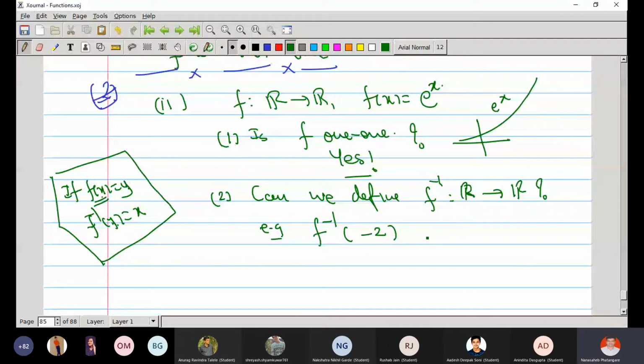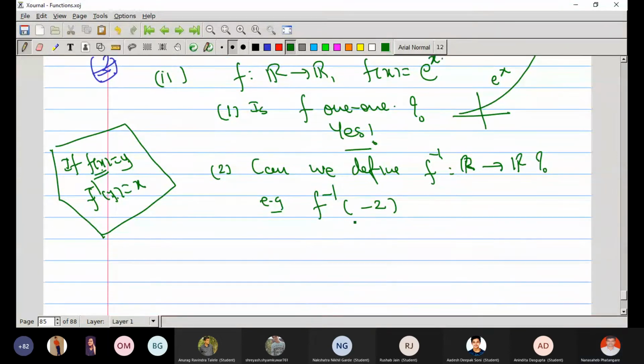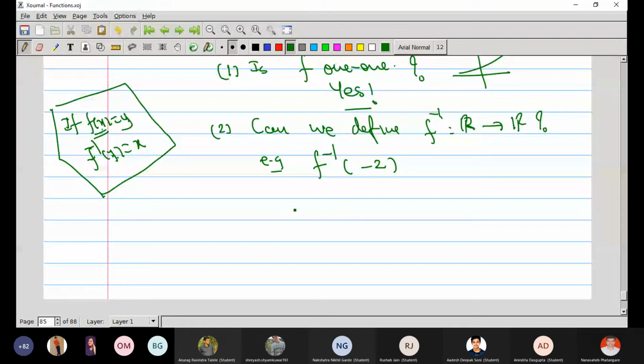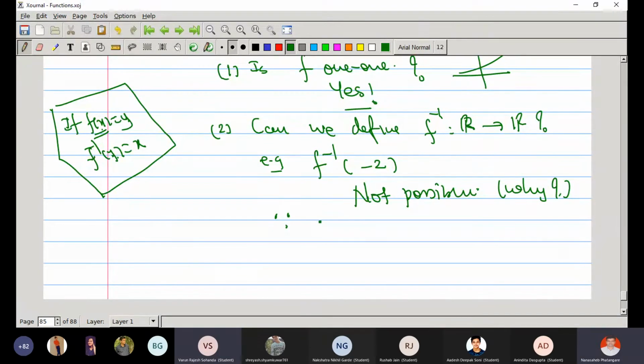Is it correct? No, sir. Not possible. Why? f inverse of -2 is not possible. We cannot define the inverse because -2 does not belong to the range of f. So there does not exist x in R such that f of x is equal to -2.